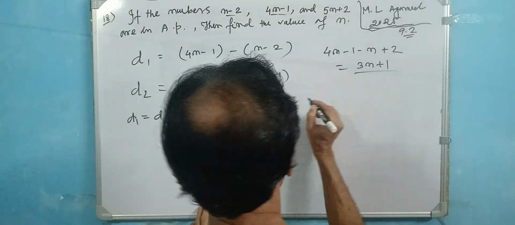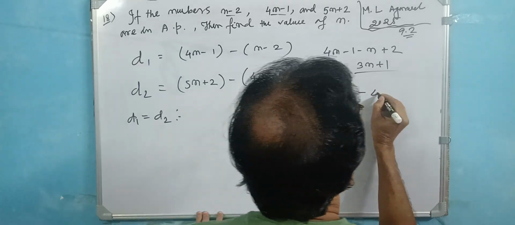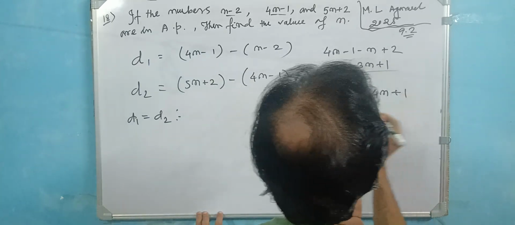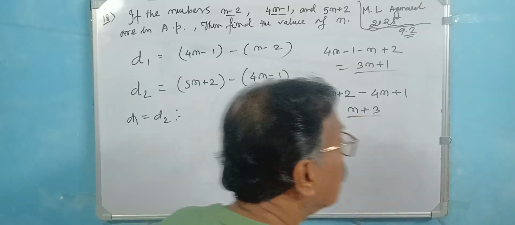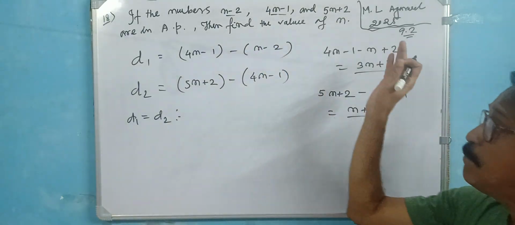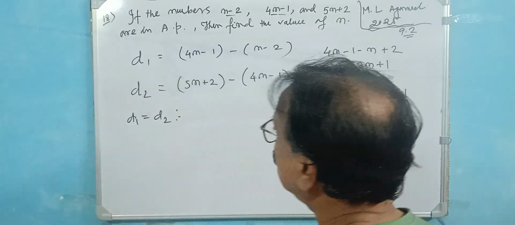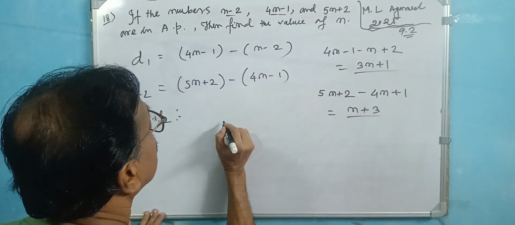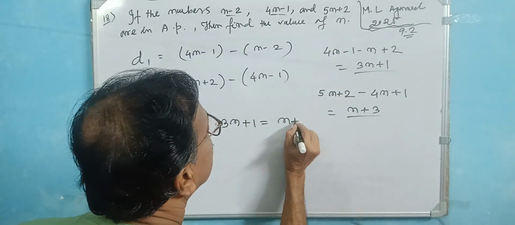Here the common difference is 5n plus 2 minus 4n minus 1, which is n plus 3. So this is also the common difference. If this is an AP, the common difference D1 is equal to D2. Just put the value. D1 is 3n plus 1, that is equal to n plus 3.